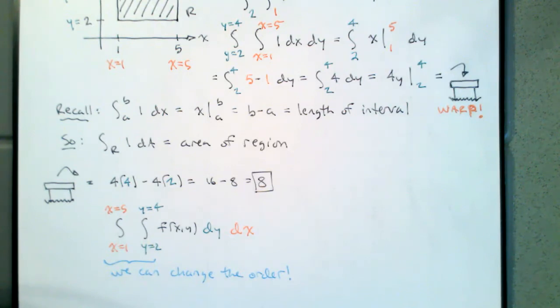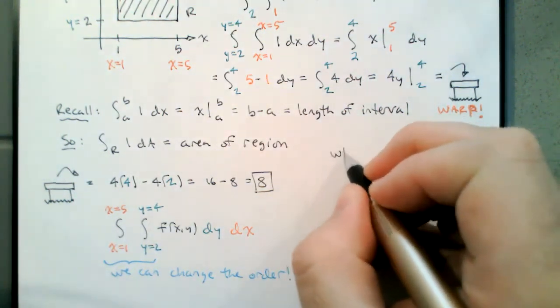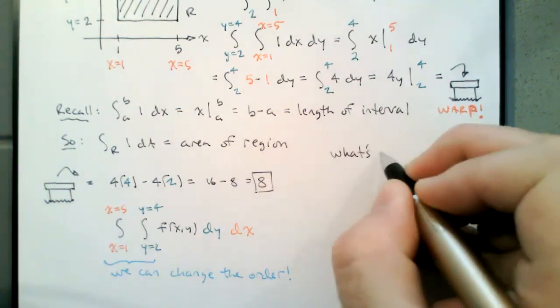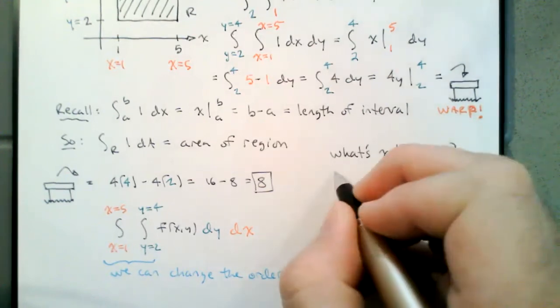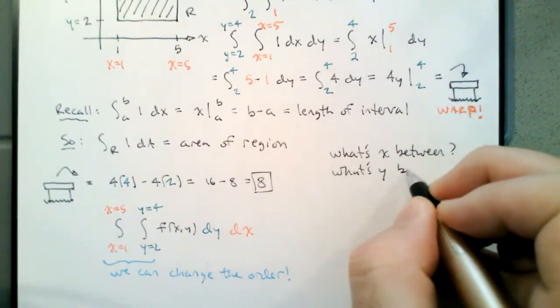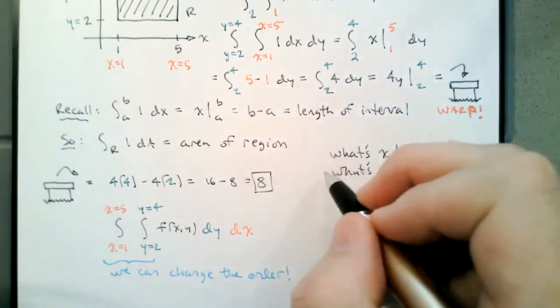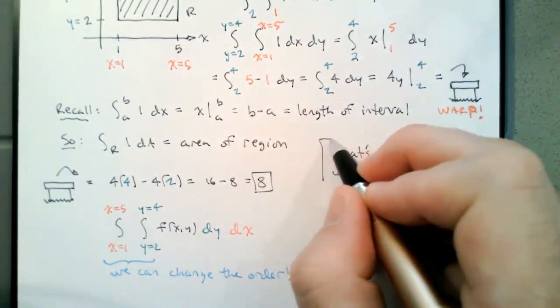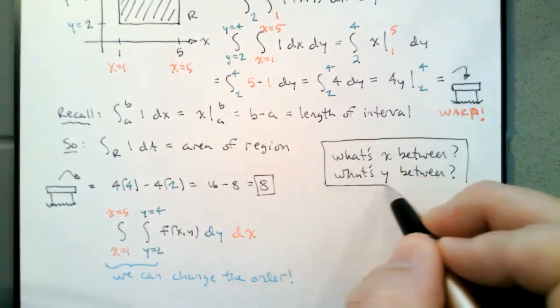What's X between? What's Y between? That's how we're going to describe the regions. We're describing the regions by thinking about what's X between and what's Y between, in whatever order is most convenient for us.